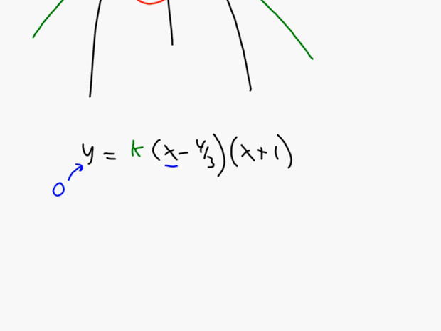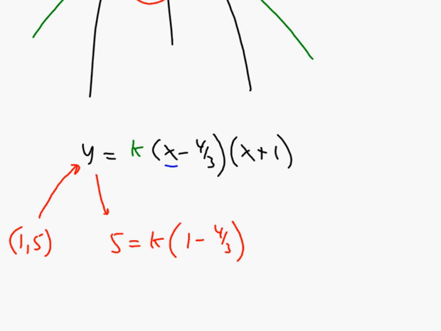Well, since I want to go through the point (1, 5), all I'm going to do is sub that in. Not plugging in 0 anymore. We're going to plug that point in here. So watch what we get. We get 5 equals k times (1 minus 4/3) times (1 plus 1).